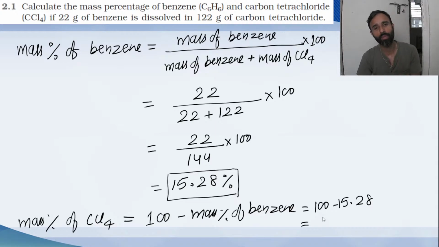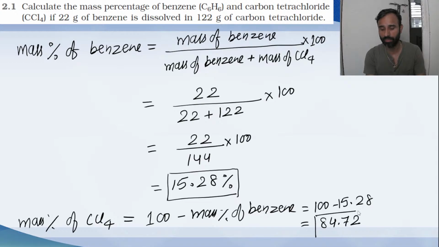So mass percent of benzene plus mass percent of CCl4 is equal to 100. So mass percent of CCl4 equals 100 minus mass percent of benzene. So 15.28 is subtracted from 100, so it's 84.72.